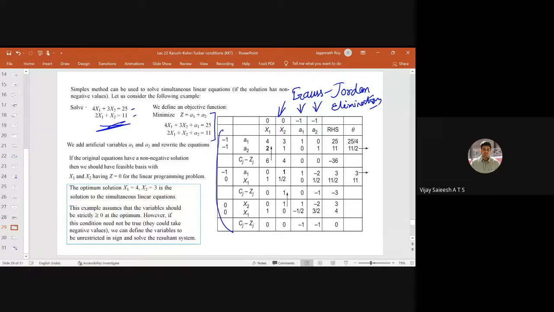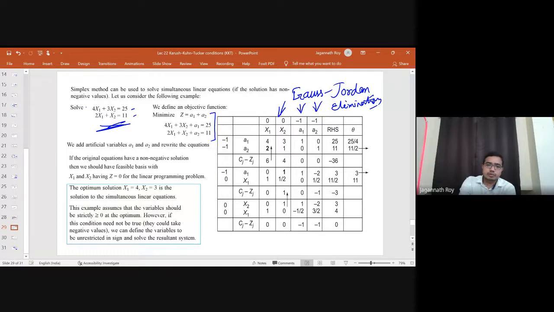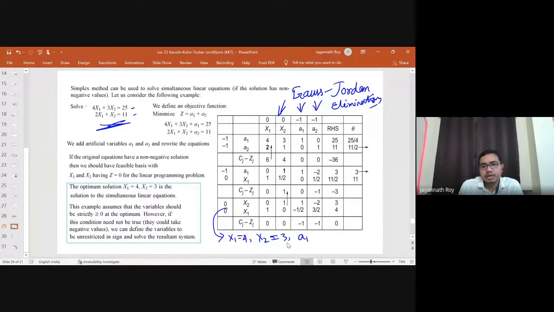Okay, you know how to calculate this, right? Yes, sir. If you know this, then 50% of the task is over. Now we have to understand, at the optimum level, what is the value of x1, what is the value of x2, and what is the value of a1 and a2.